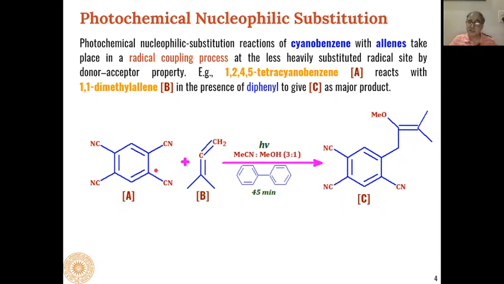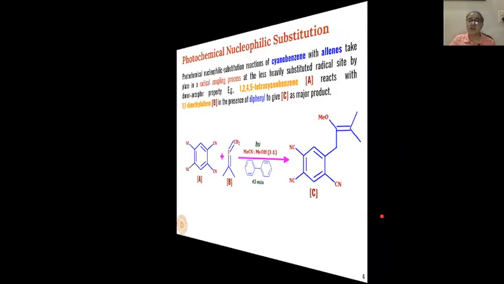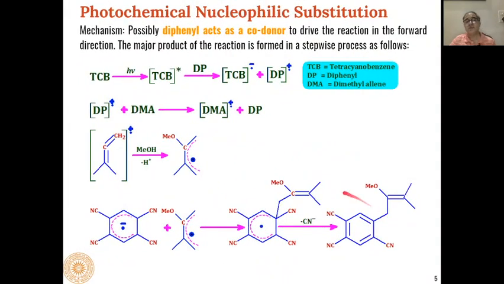And in this reaction, the role of biphenyl is very important as far as conversion of this tetracyanobenzene into this photo-substituted product is concerned. The mechanism of this reaction is that the biphenyl basically acts as a co-donor to drive the reaction in the forward direction.